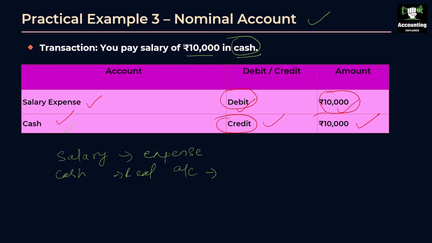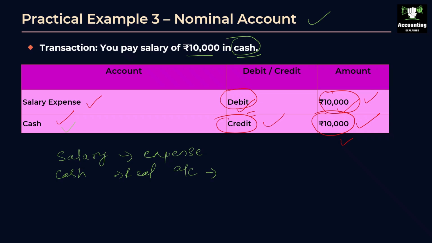Here, debit and credit are always equal. Okay, so that is the double entry system of accounting. Total debit should always be equal to the total credit. See here, you have debited 10,000. Again, you have credited rupees 10,000. So, here we have fulfilled the rule of double entry system of accounting. In this way, you have to analyze the transaction.